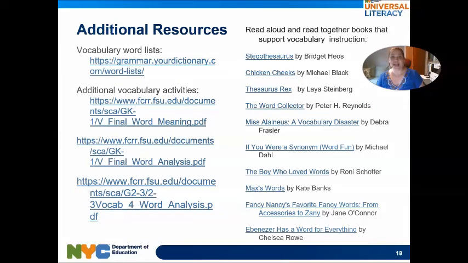As promised, we have a resource list for you. The first link is a vocabulary word list. These lists are created according to each letter of the alphabet. It is available for nouns, which tell a person, place, or thing, and it's also available with a list of adjectives, which are words that describe a noun.